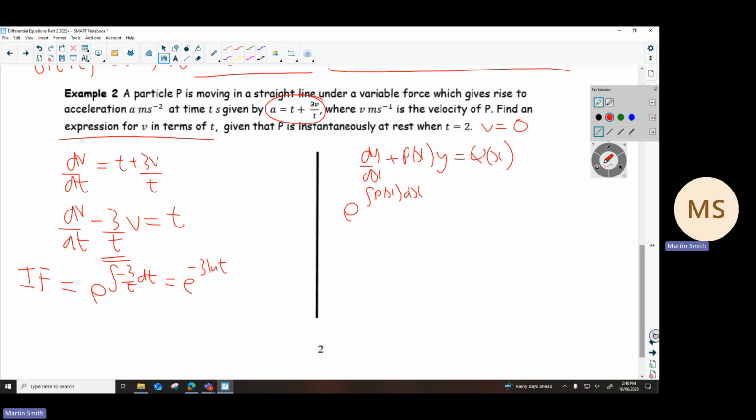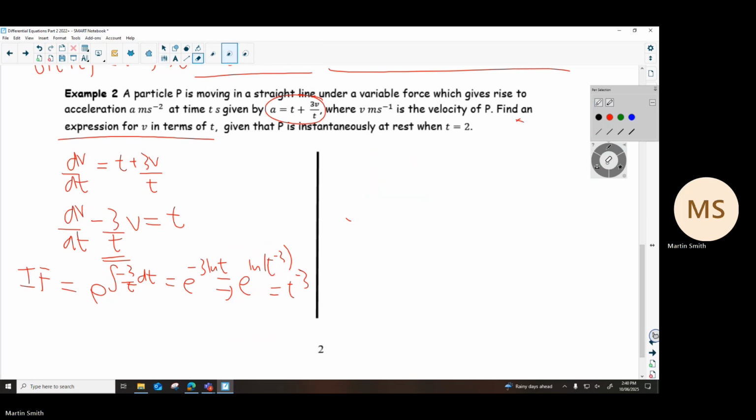Don't put a plus c when you integrate that. If you take the minus 3 in as a power, that equals e to the ln of t to the minus 3, which is just t to the minus 3. So what we now do is multiply this differential equation here by the integrating factor, which is t to the minus 3.